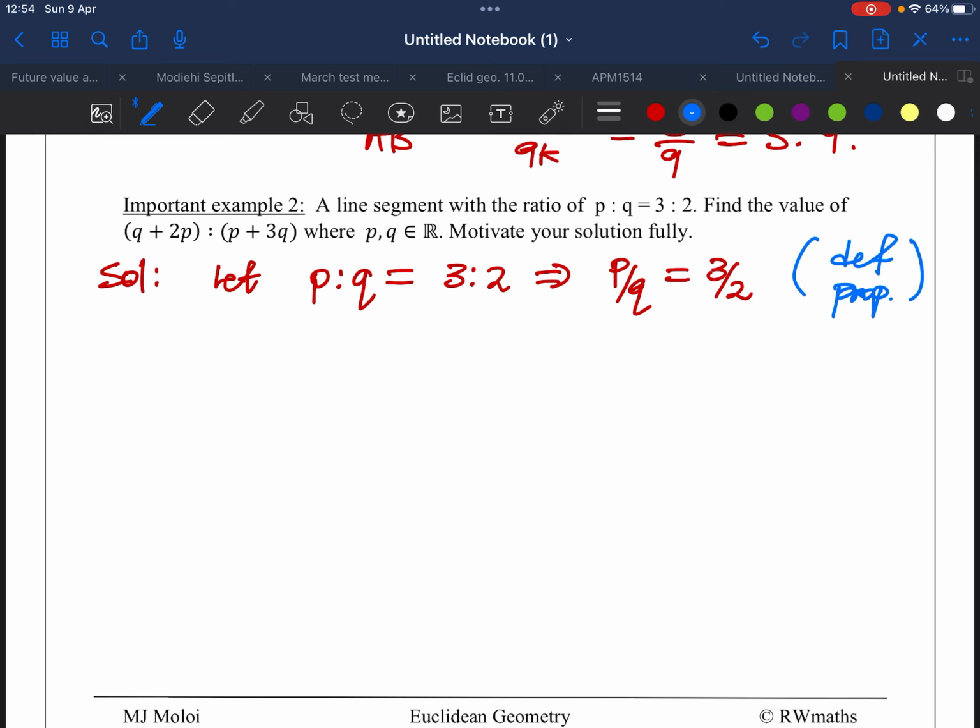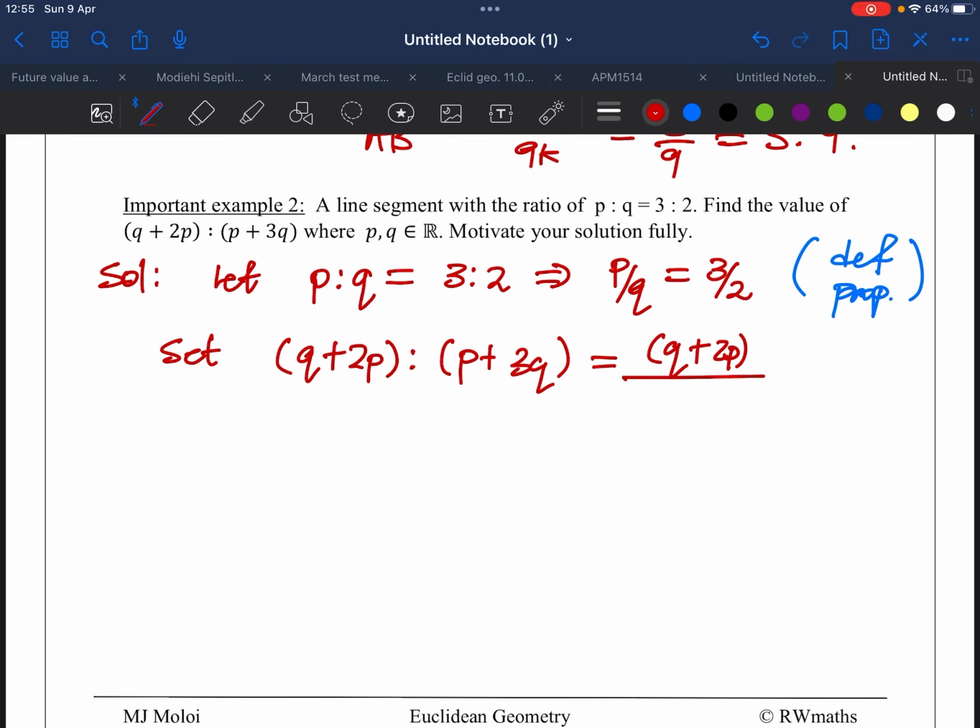Now we will set Q plus 2P is to P plus 3Q to be equivalent to Q plus 2P divided by P plus 3Q. So this is again just the definition of proportion.